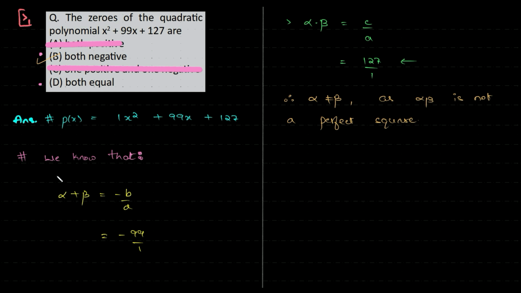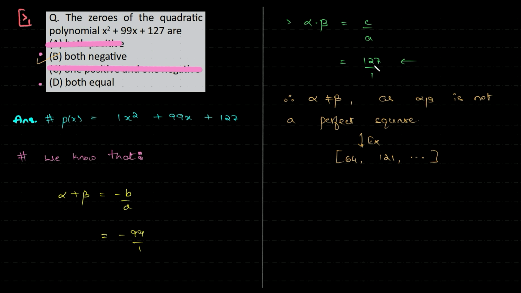Again, it will be useful at some point to understand that if alpha beta were a perfect square, like 64 or 121, or the squares of numbers, small or big, then there is a possibility, and you can confirm it with the help of alpha plus beta.